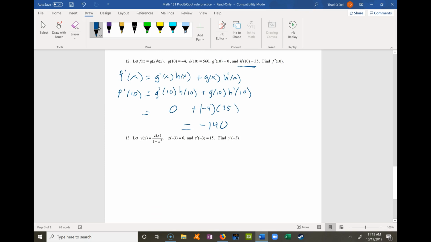And also, this is just making sure we understand the quotient rule. We know that y prime of negative 3 should be equal to low, which would be 1 plus negative 3 squared, d high, which would be z prime of negative 3, minus high, which would be z of negative 3, d low, which would be 2 times negative 3.